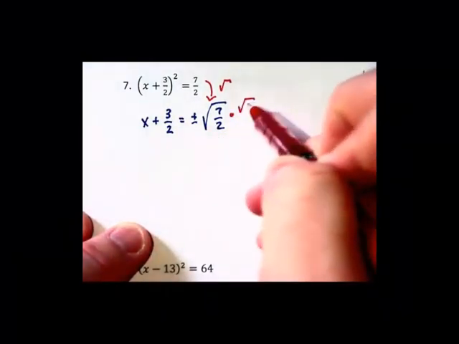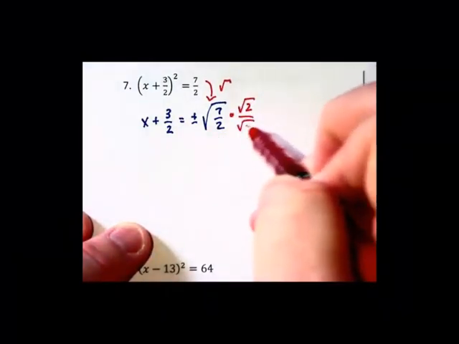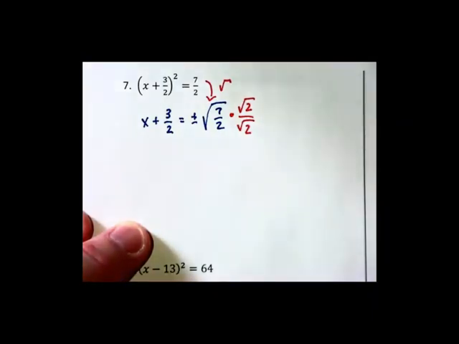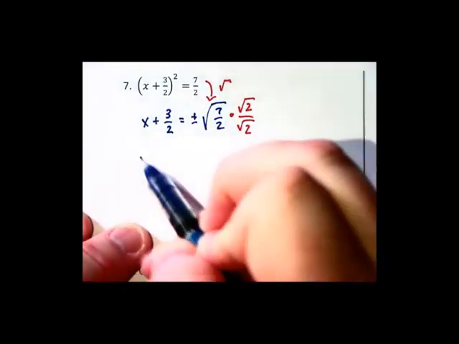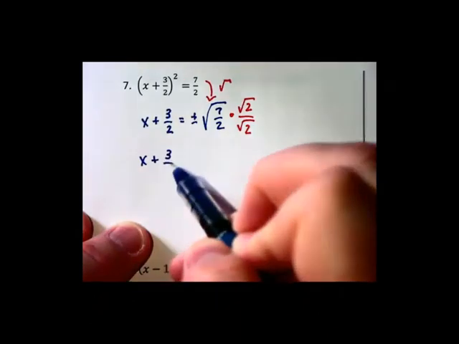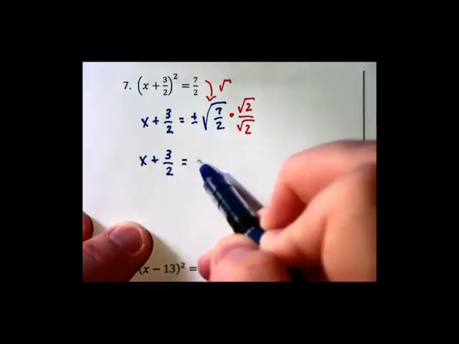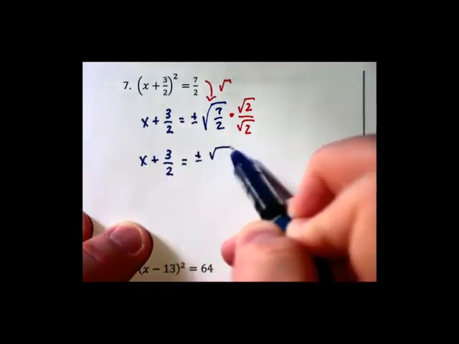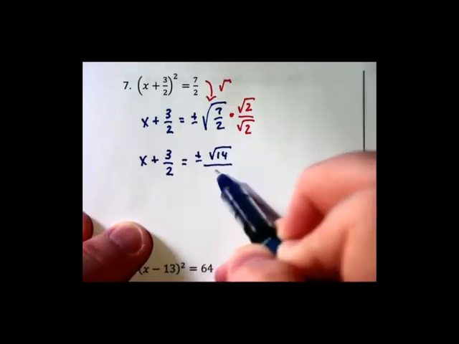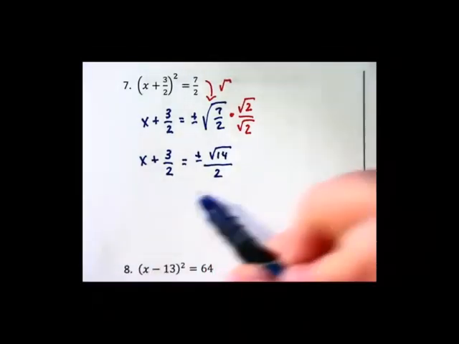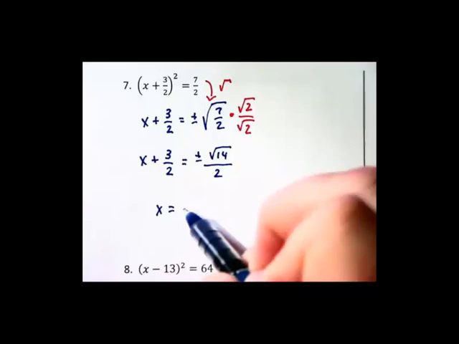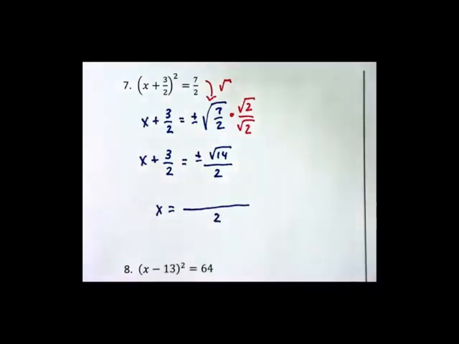So we're going to rationalize the denominator, multiplying by root 2 over root 2. Now the left side becomes x plus 3 halves, and the right side plus or minus the square root of 14 all over the whole number 2. And luckily we've got a common denominator of 2, so we can rewrite that all over 2.